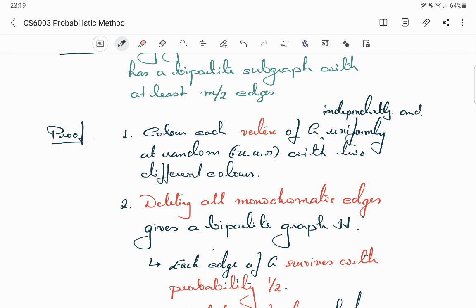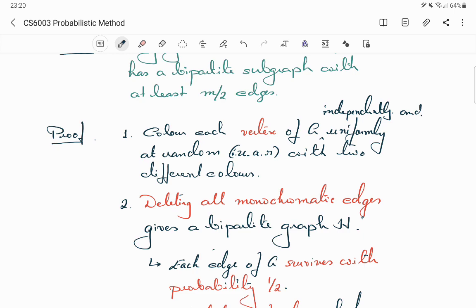The probability is half because there are 4 possibilities for the colors of the endpoints of each edge. It could be red green, red blue, blue red, or blue blue. Under 2 of these cases, the edge gets deleted. In the other 2, the edge survives.